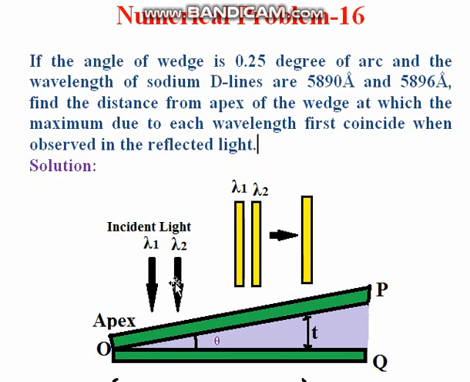So here I try to design the problem. These are the two incident wavelengths and we obtain two patterns as the resultant interference.